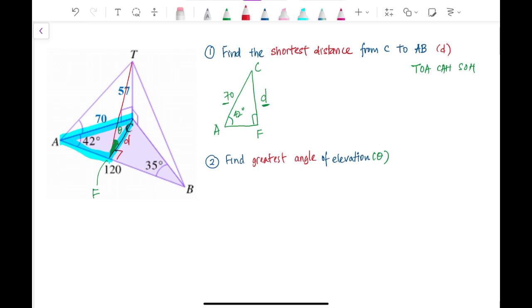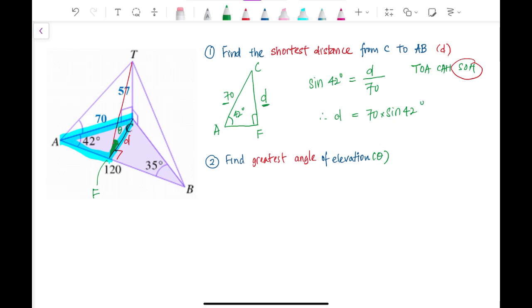So opposite and hypotenuse, that means I'm going to use sine. I'm going to have sine 42 degrees equals opposite over 70. And with this, what is D? D is equal to 70 times sine 42 degrees.